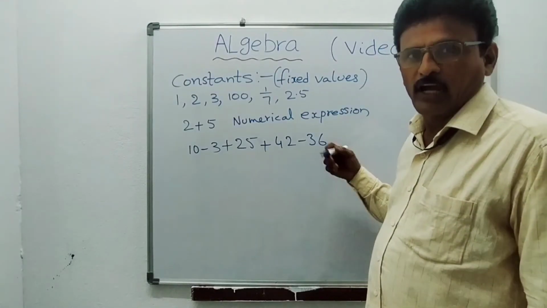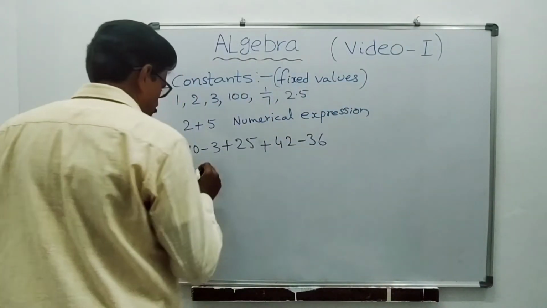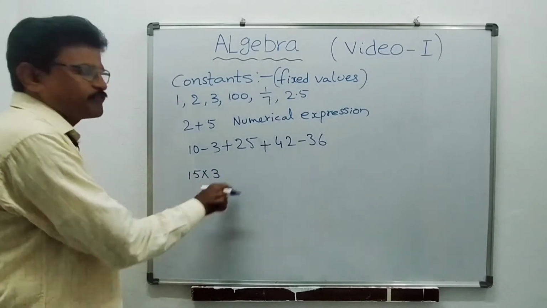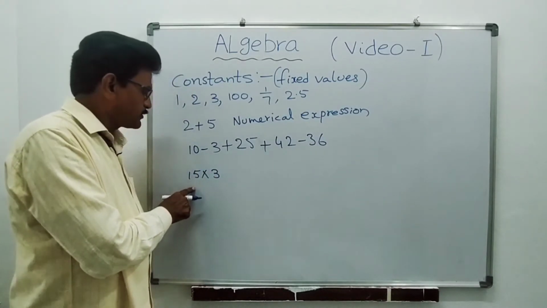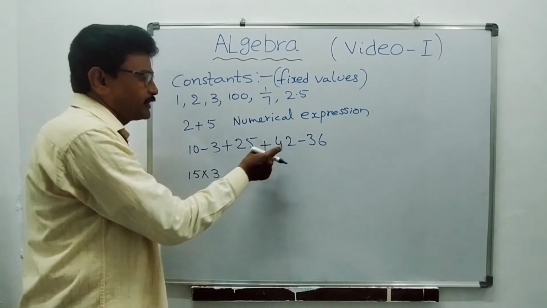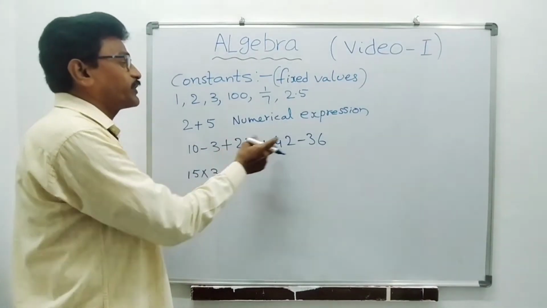Now I will write by using multiplication and division symbols. What will happen? See, the first one I am writing is 15 into 3. 15 times 3 is 45. This is a single term. Two numbers are there, but we are using a multiplication symbol. Only if numbers are separated by either a plus symbol or a minus symbol will we say they are different terms.